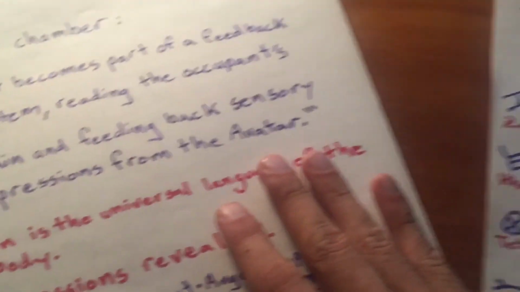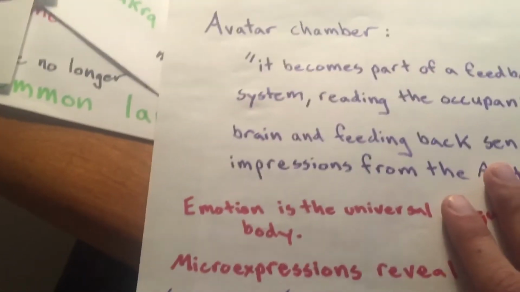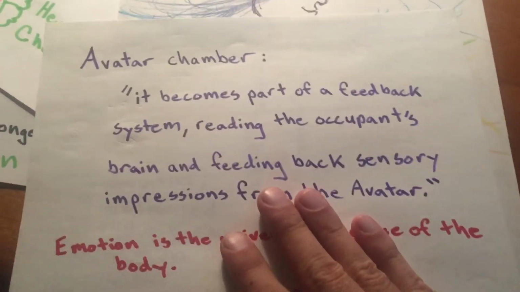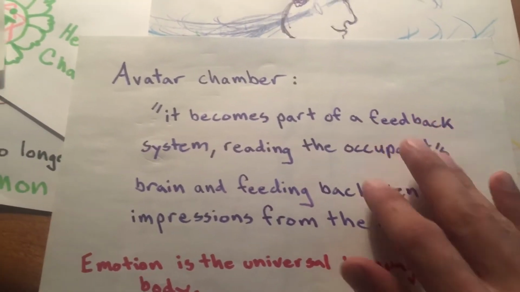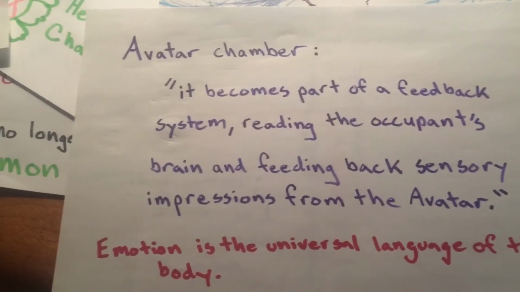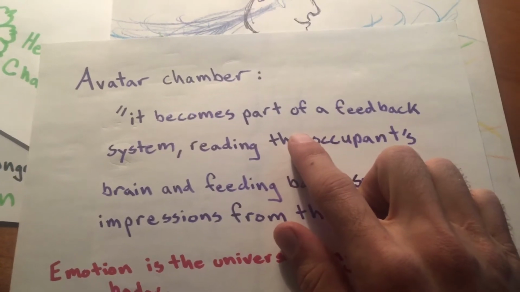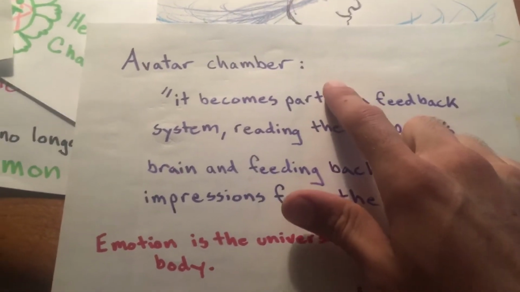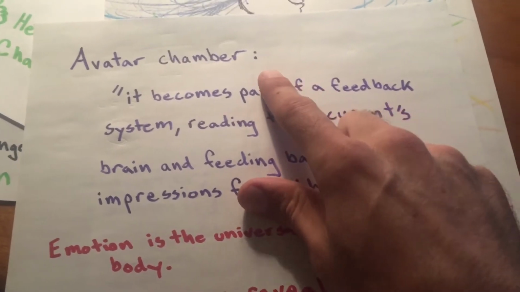The avatar chamber. It's all the same thing. In the movie Avatar, James Cameron's Avatar, they have the chamber. It's like a box that you go in, and it connects your mind with the mind of your avatar, or this body that you control.